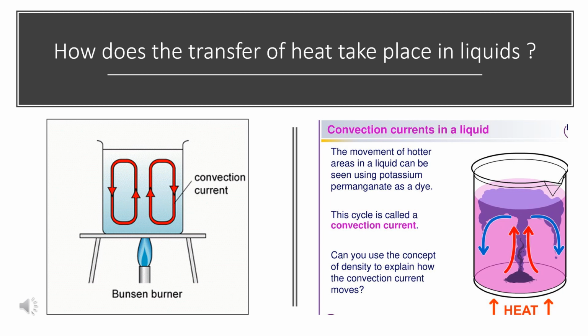This is how you have a cyclic movement in which the warmer particles go up, the colder ones come down, and eventually because of this movement the entire liquid gets heated up.